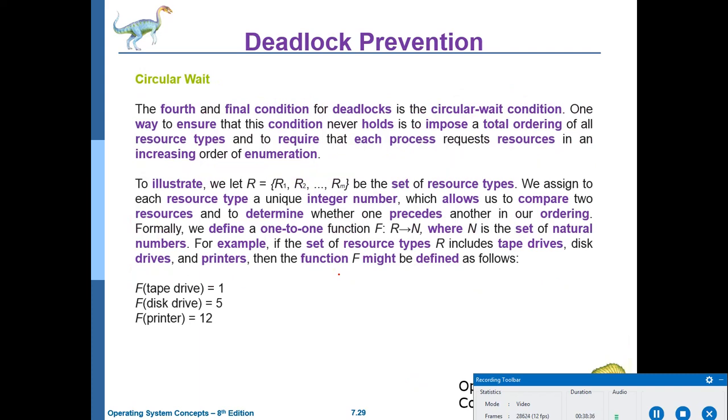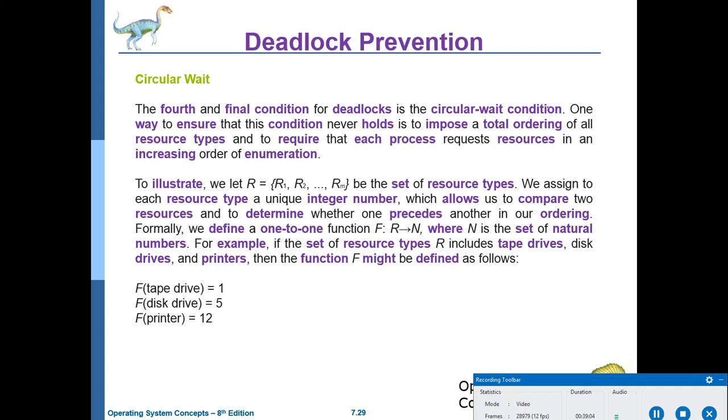Circular wait. The fourth and final condition of deadlock is the circular wait condition. One way to ensure that this condition never holds is to impose a total ordering of the resource types. That means for the resources available with the operating system, we make an ordered list, and we require that each process requests resources in an increasing order of enumeration.